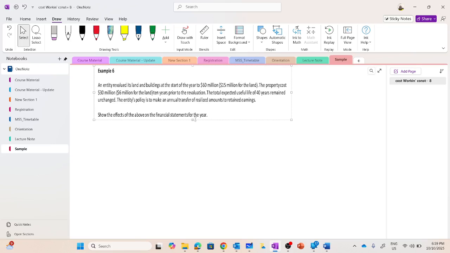An entity revalued its land and building at the start of the year. The building is 45, the land is 15.